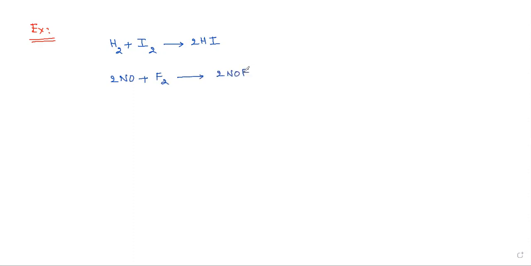Quite interesting. In this case, rate depends only on the first power of the concentration of NO and on the first power of the concentration of F2. Look at the stoichiometric coefficient of NO and look at the power. Okay, so powers have nothing to do with the stoichiometric coefficients.